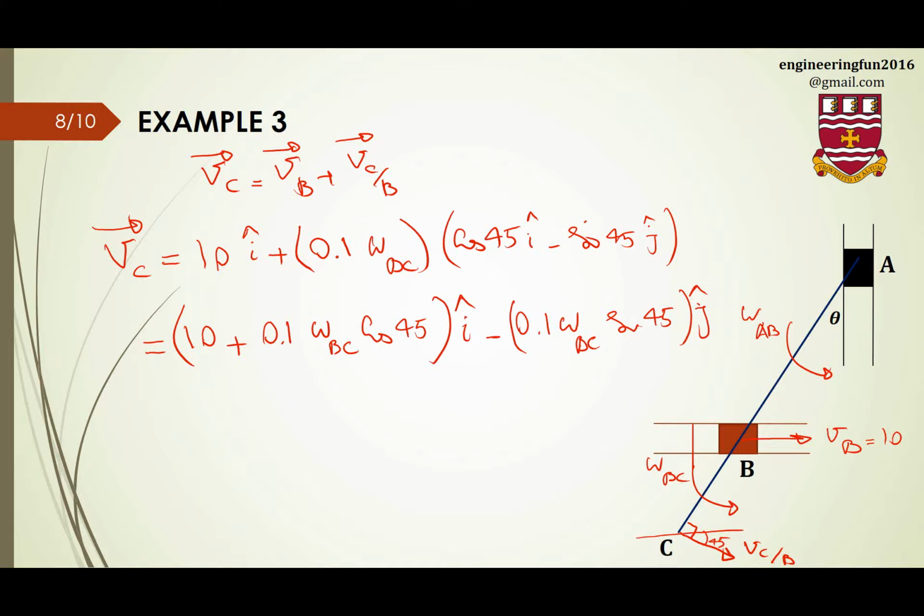So in this question we are asked to find the velocity of point C, and this is the component in the I direction, and that's the component in the J direction.